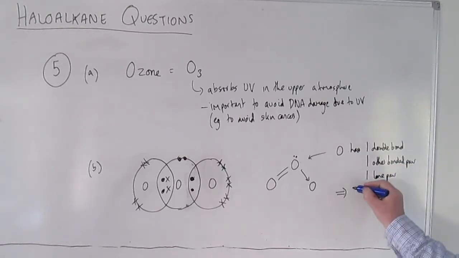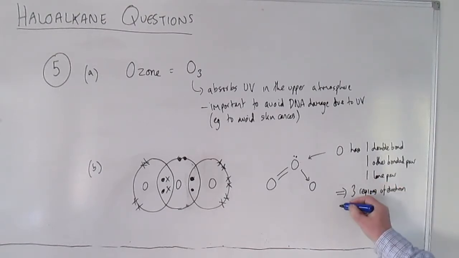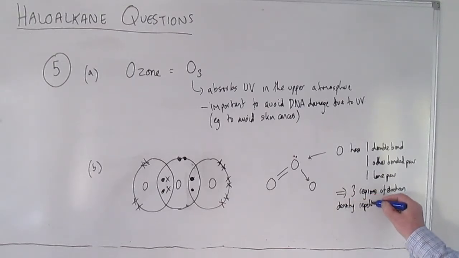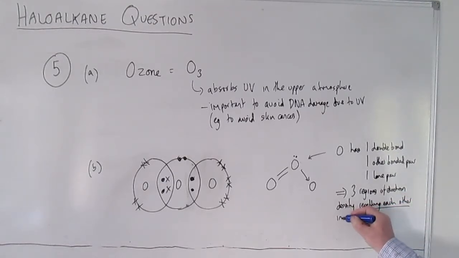In other words, 3 regions of electron density, and always what you write, remember, is that they are repelling each other in its outer shell.